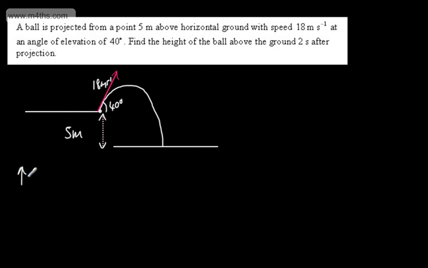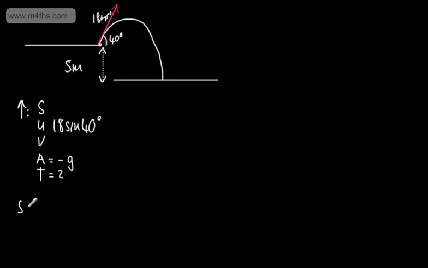So we're interested in the vertical SUVAT, so let's collect the information. We know the time is going to be 2. We know the acceleration vertically is negative g, and the initial velocity will be 18 sine of 40 degrees. We are looking for this value to add to 5. So using s, s is equal to ut plus 1/2 at squared, or, if you like, s is equal to ut minus 1/2 gt squared.